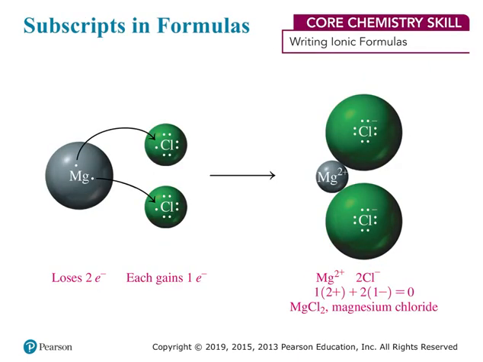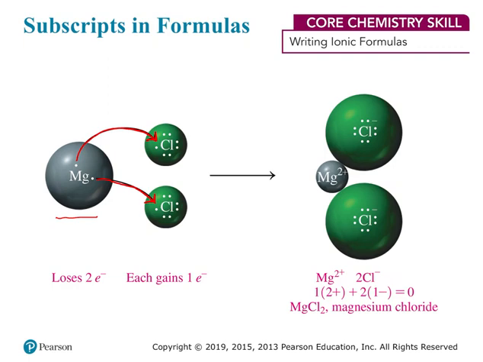Okay. Now, what if we don't have a simple one-to-one ratio? What happens here? For instance, we said previously that magnesium has 2 valence electrons. What if magnesium wants to form a compound with chlorine? We said chlorine only needs 1 electron to have an octet. So magnesium is going to give one of its electrons to one chlorine atom, and then give its other electron to another chlorine atom.